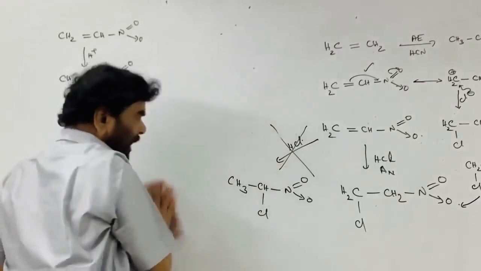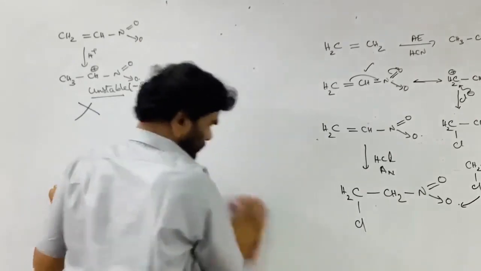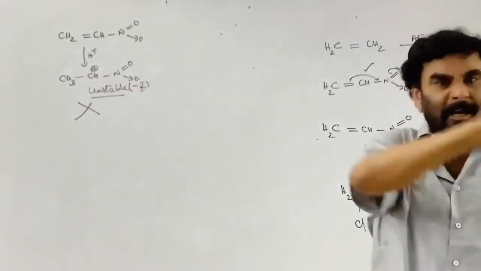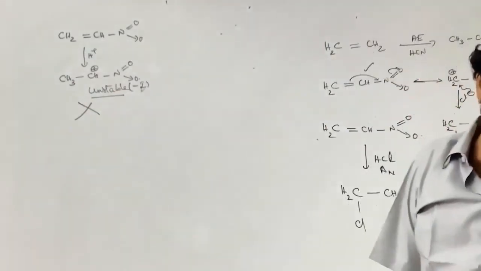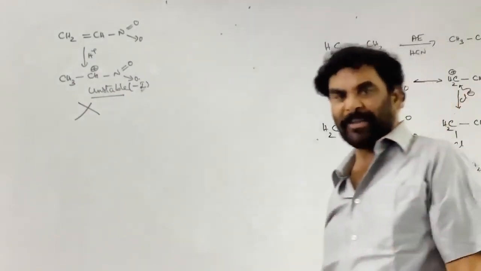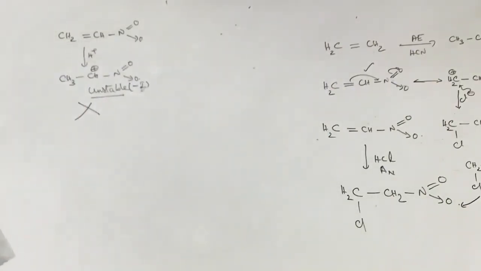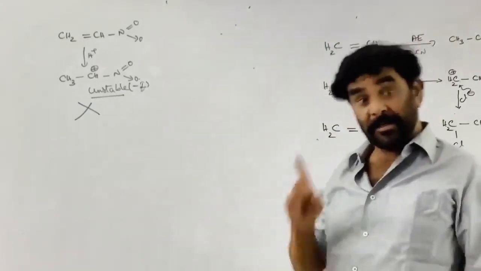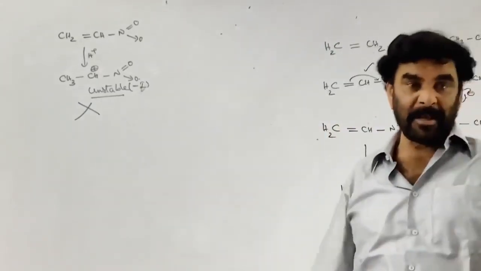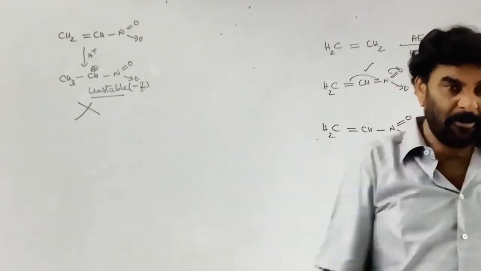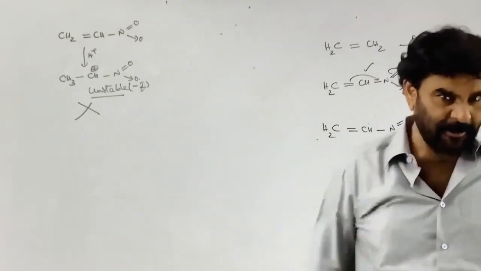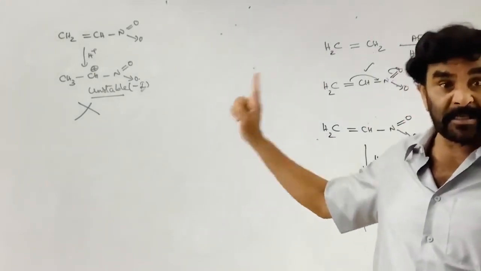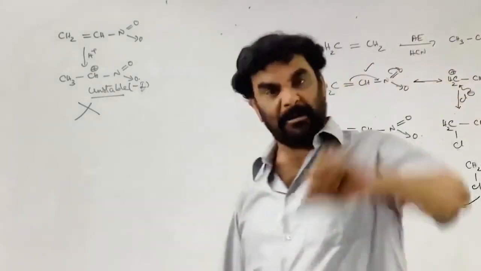So alkenes take part in electrophilic addition reactions, remember, through a carbocation intermediate. They do not take part in nucleophilic addition reactions because of the repulsion between the pi electron cloud and the nucleophile. But the same alkene carbon-carbon double bond center takes part in nucleophilic addition if electron withdrawing groups, minus M and minus I groups, are present, particularly minus M groups.